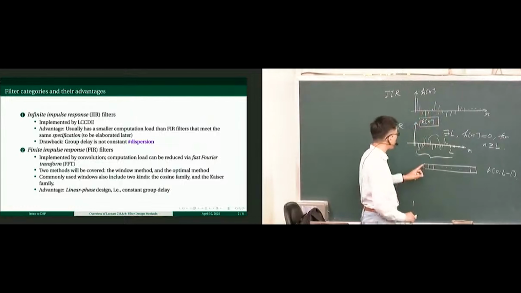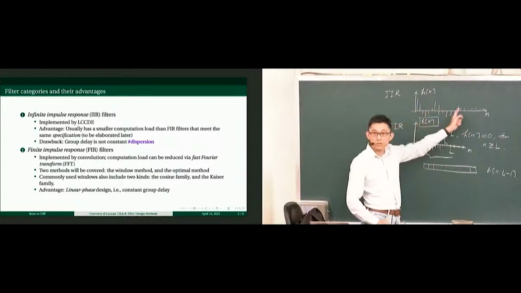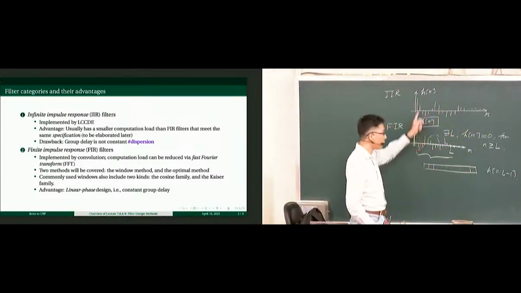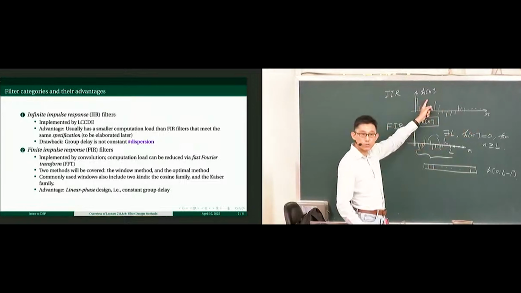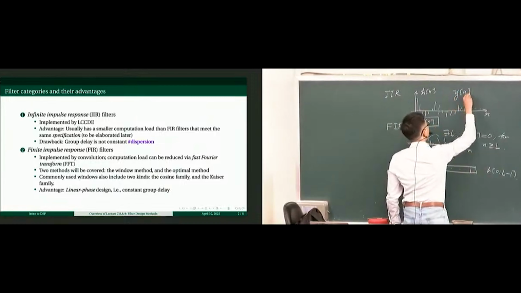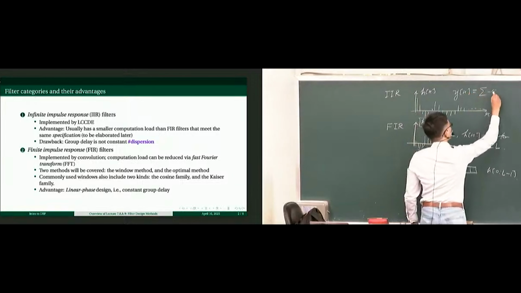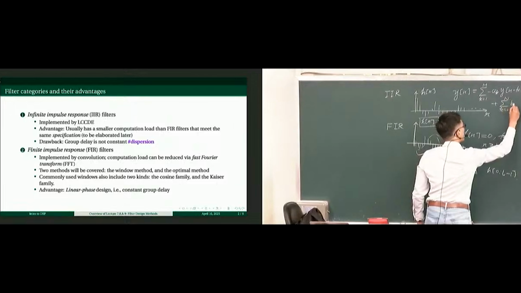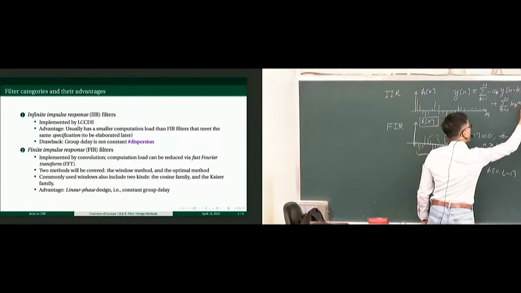Whereas for IIR filters, you cannot store all the samples because the duration is infinite. So it's not possible to store all the samples of an IIR impulse response. You don't have the memory. So instead, you need to implement the system by difference equations, something like y of n equals the summation of minus a k y of n minus k, and so on, plus a possible linear combination of the input from 0 to n, b k x of n minus k.